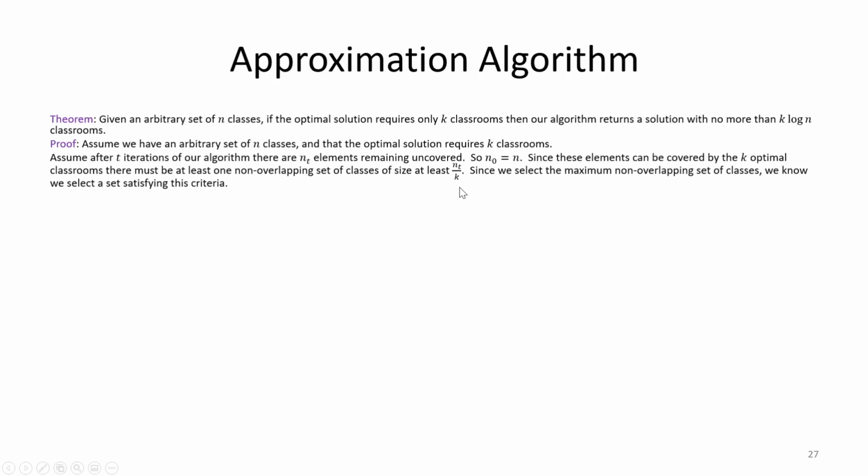If we couldn't fit at least this many classes in, then we wouldn't be able to fit them in k classrooms. We'd need at least k plus 1 classrooms. So because we know we can fit them in k classrooms, there must be at least this many going into at least one classroom.